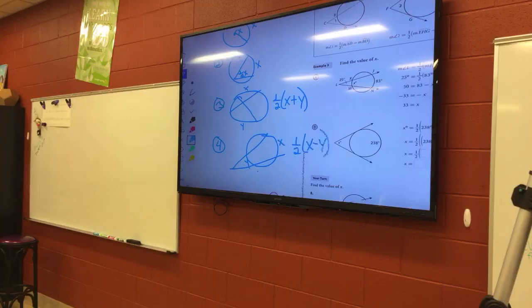Okay, so do you see the only thing you have to remember: the central angle is the same. On the circle is 1/2. Somewhere inside the circle, I'm going to add them together and divide by 2. And outside the circle, I'm going to subtract them and divide by 2.